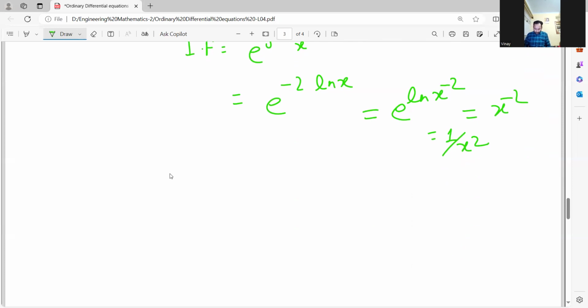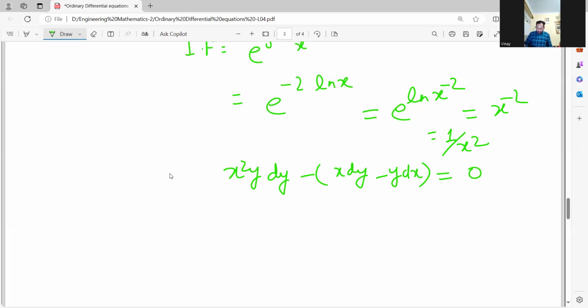And how do you do that? I'm just going to write down the final answer here. So once you multiply with that and you simplify, this is what you get. x squared dy, and just arrange the terms, minus x dy minus y dx is equal to 0.